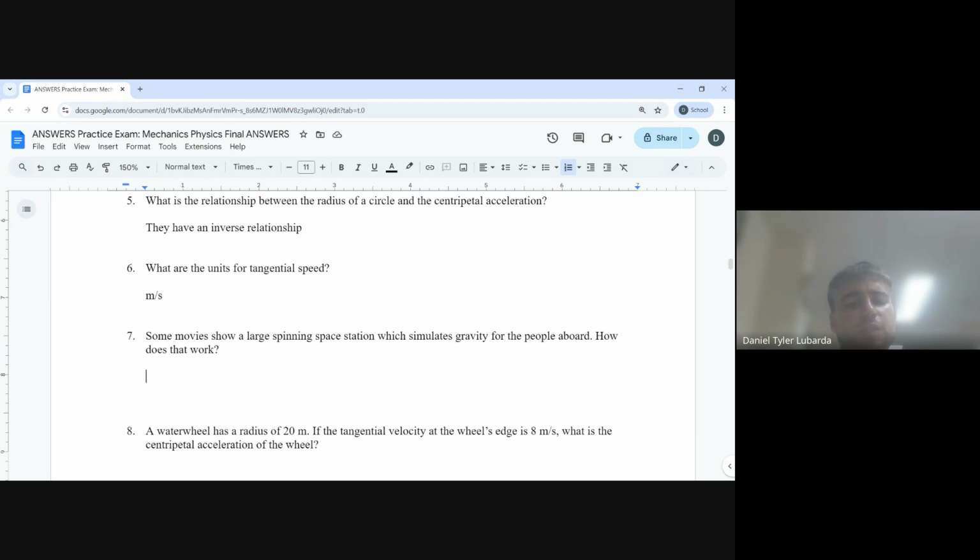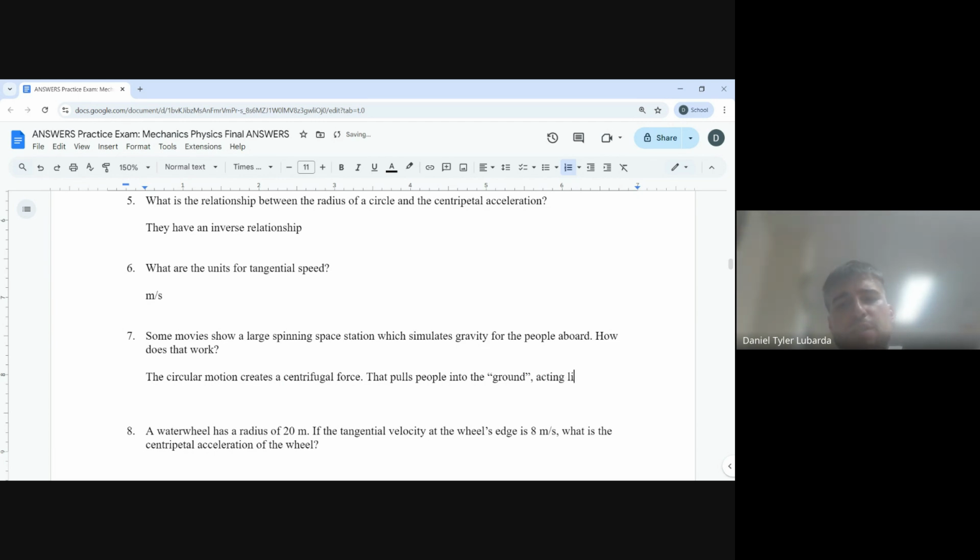Well, the reason is that the spinning, or let's say the circular motion, creates a centrifugal force that pulls people into the "ground", in quotes, because it's actually the inside of the ship as it's spinning around.